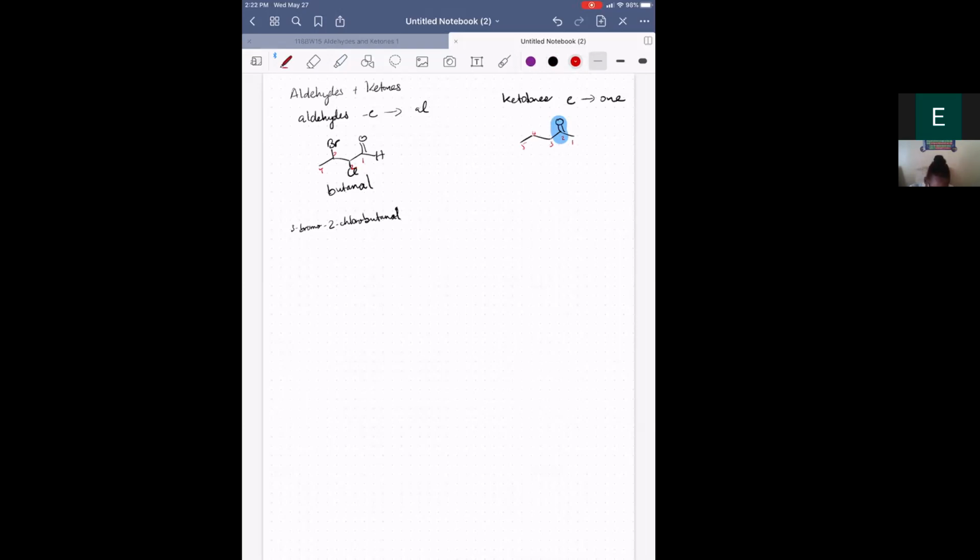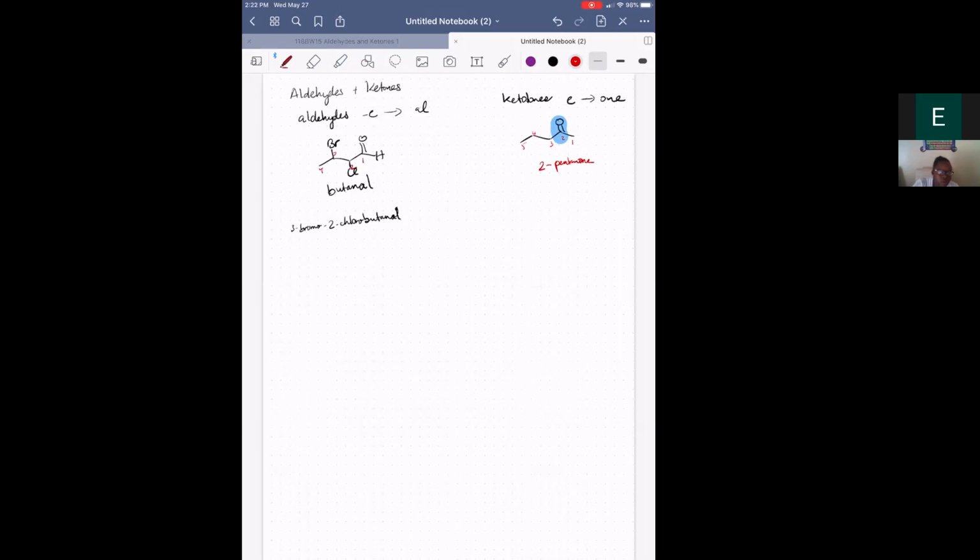So 5 carbons would be pentanone, and then since our ketone is at carbon 2, it would be 2-pentanone for that molecule, right? So you should be able to go through the naming.